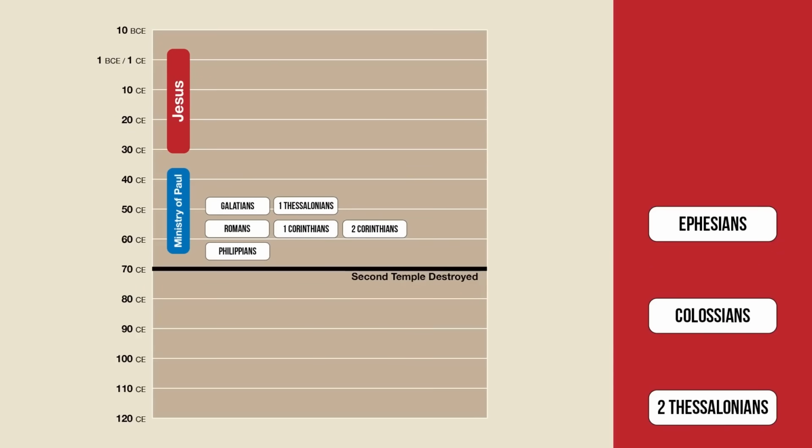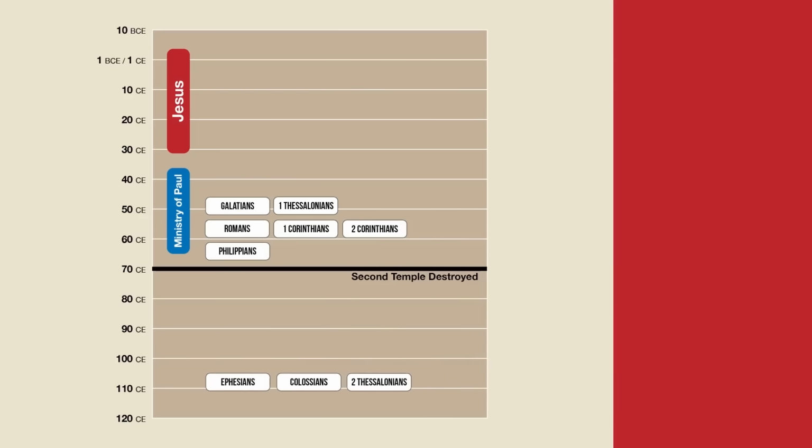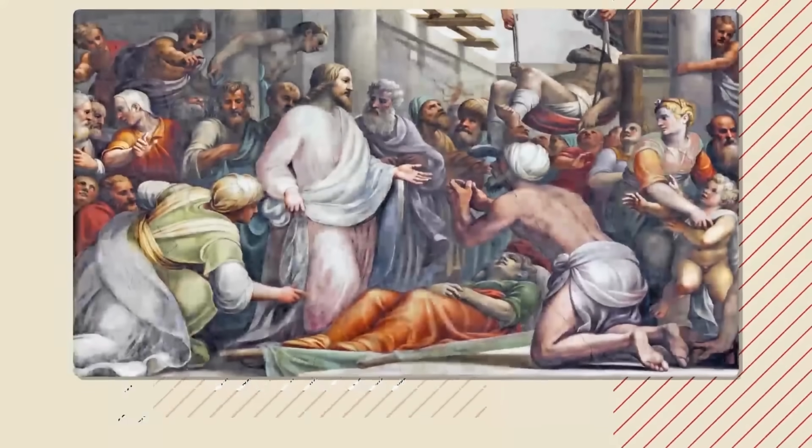The other letters, if they are indeed pseudepigrapha, can probably be placed around the end of the 1st century or early in the 2nd century, which means that Galatians and 1st Thessalonians are the 2 earliest books in the entire New Testament, and that all of the genuine Pauline epistles were written prior to the 4 Gospels, which is an important point when it comes to the study of the historical Jesus.